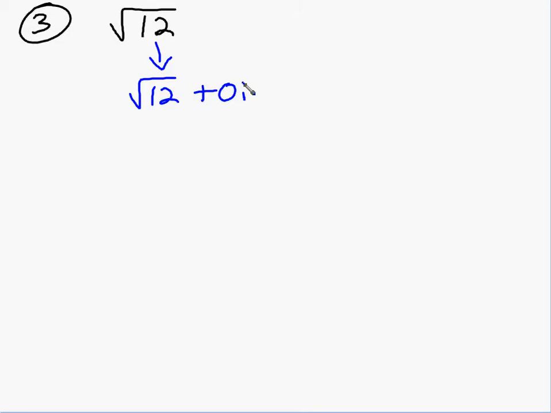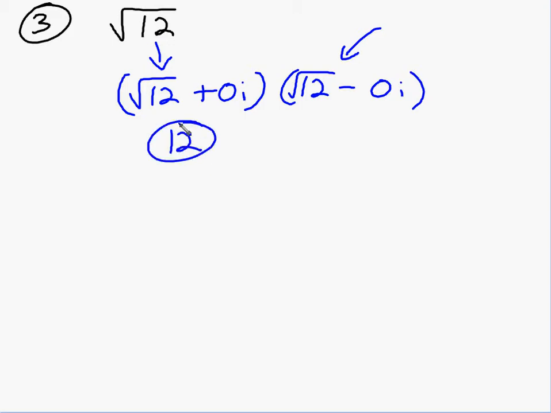The square root of 12 minus 0i, right? Now obviously, if you square 0, there's nothing there, right? So really, we don't even have to do anything with that. This would be my conjugate, but when I multiply these, all I'm going to wind up with is 12, because I have the square root of 12 times the square root of 12. All right, the 0i's don't matter.